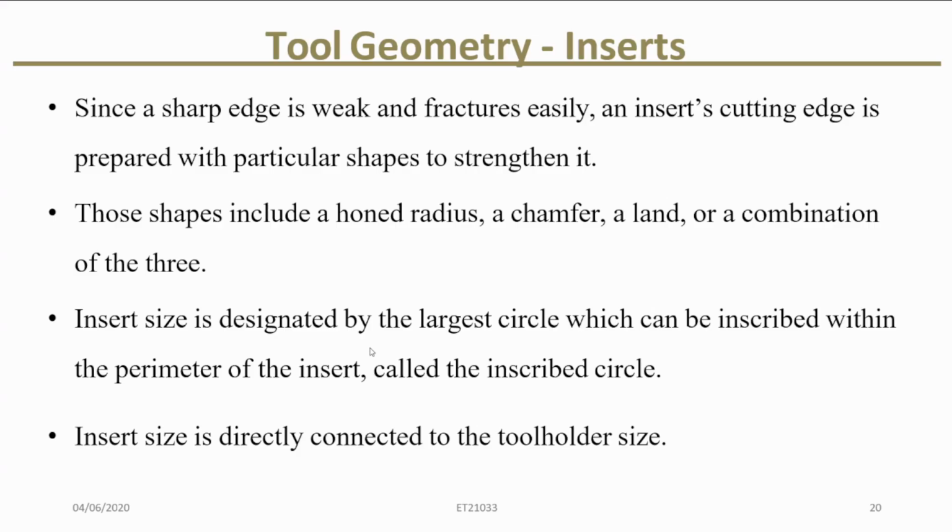Insert size is designated by the largest circle which can be inscribed within the perimeter of the insert, called the inscribed circle. Insert size is directly connected to the tool holder size. So now you know about the geometry of the tool holder.